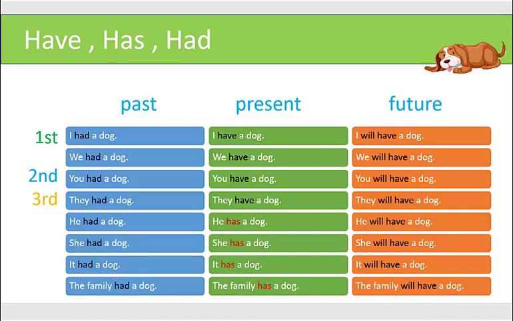As you can see, in the past and the future, the verb stays the same. Only when we move into the present, it is have for all of these, but then when we go into the singular, it changes to has.